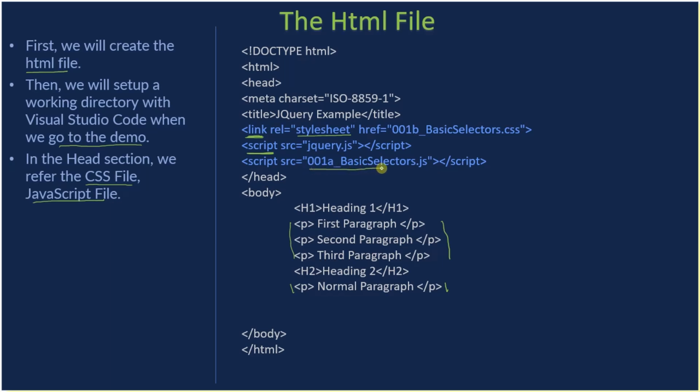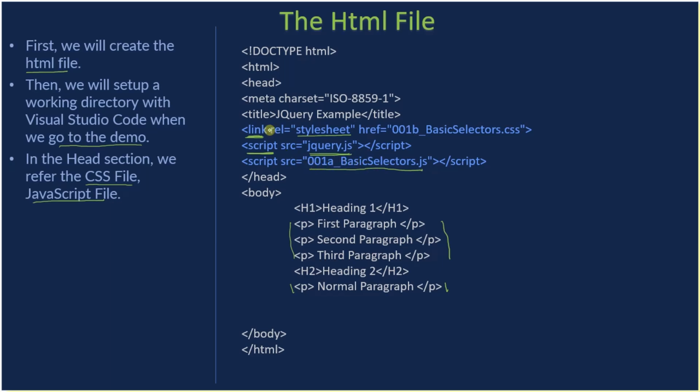After that, we refer our own JavaScript file. If you see, there are two JavaScript files. One is jQuery.js. This we downloaded from the internet, and this is the API for jQuery, and this is our own custom JavaScript. Since jQuery is coming before this JavaScript, all the APIs exposed by jQuery.js will be available for the JavaScript file which you are creating.